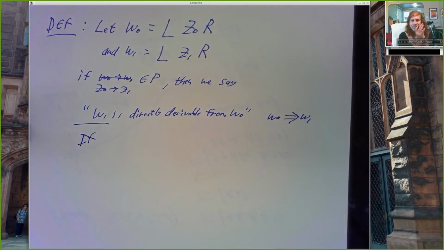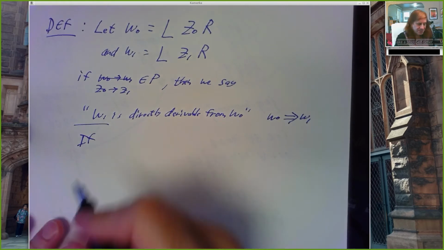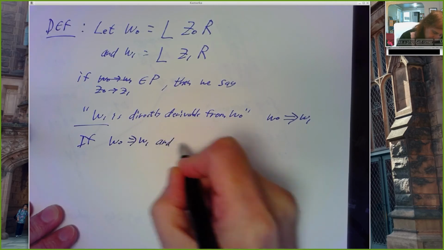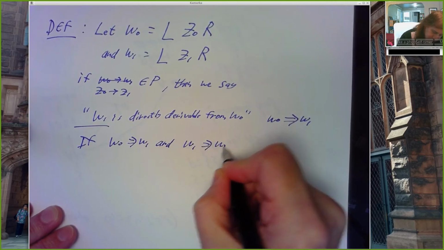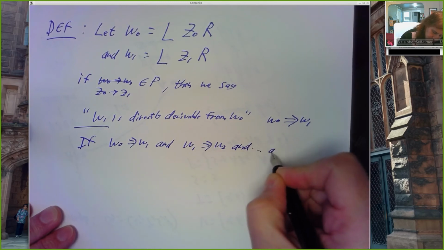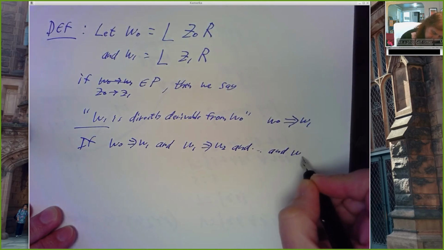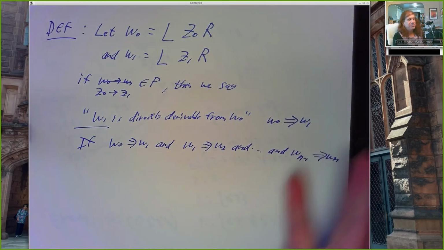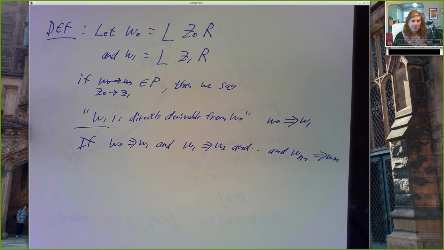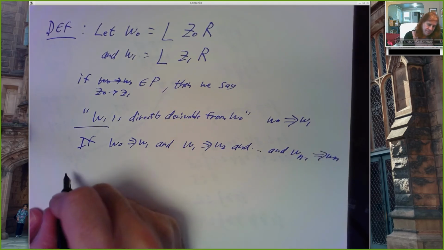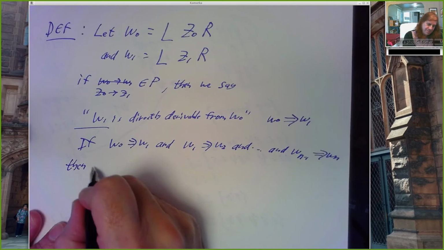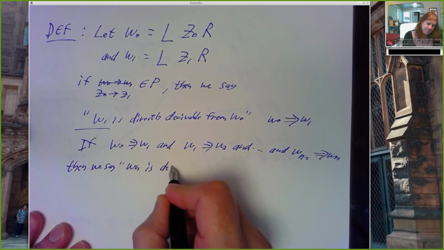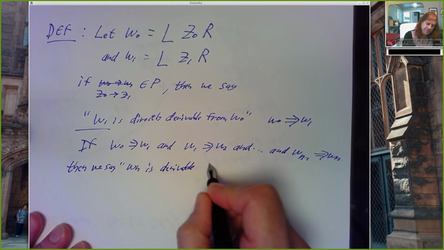All right, if there's a series of these direct derivations, like W0 can be changed into W1, and W1 can be changed into W2, and we can change, you know, into Wn, for example, then we say Wn is derivable from W0.